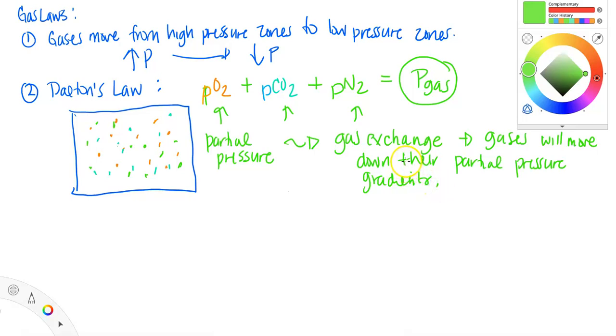So just like a solute moves from a place of high concentration to a place of low concentration, that's diffusion, gases move the same way. They diffuse the same way from an area of a high pressure, so high partial pressure, to an area of a lower partial pressure.